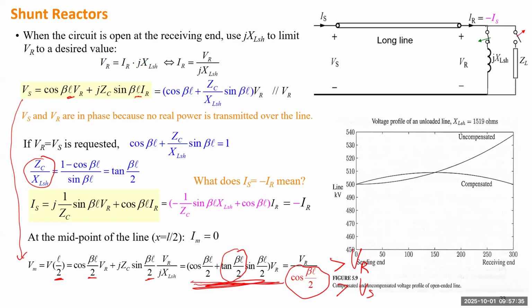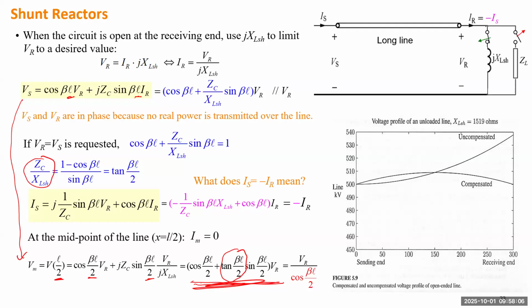In the textbook, there's a figure to show this using the same example of the line. So you can tell, if you open the circuit at the load side without switching in that shunt reactor, the voltage will go up, right? From 500 kV to close to 540 kV. 540 kV is around 8% higher, so that's too high.